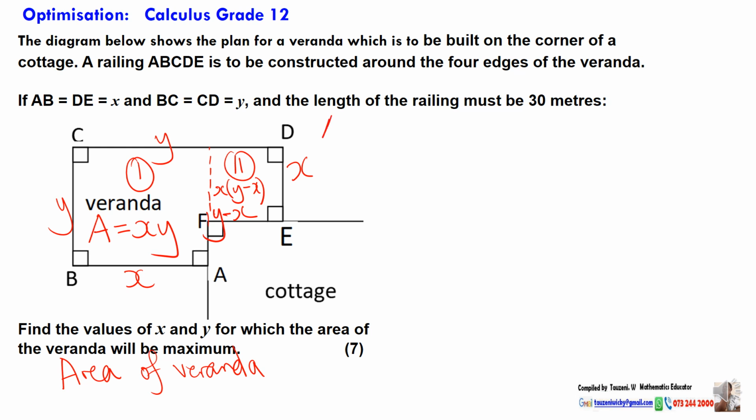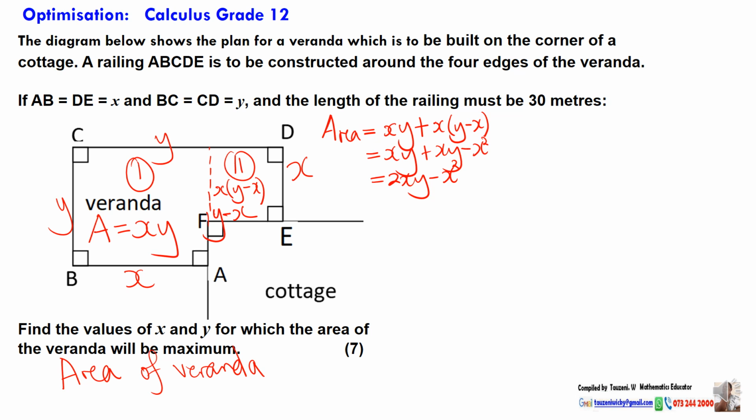Now I can say the area of the veranda is equal to xy plus x multiplied by (y minus x). Then we simplify this expression to simplest form: xy plus xy minus x squared. So this is equal to 2xy minus x squared. This is the area of my veranda.